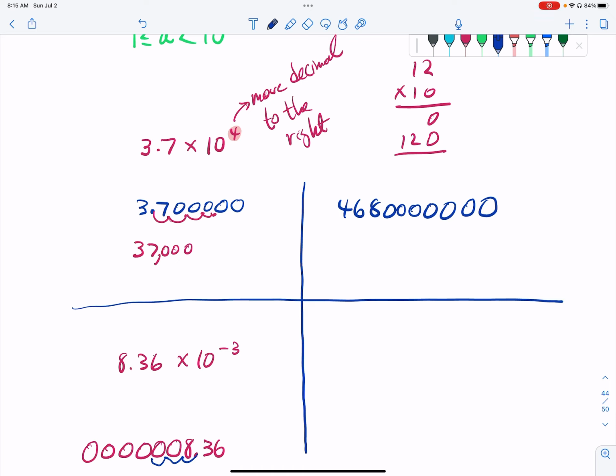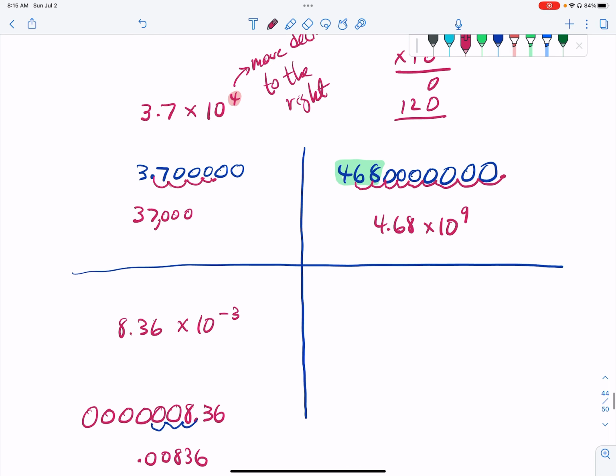Whenever I go to make this scientific notation, I'm just going to keep track of my zeros, and I just want to focus on the significant figures at the far left-hand side of my number, the 4, the 6, and the 8. And we're just going to move our decimal over to the left from this position and keep track of them. So 1, 2, 3, 4, 5, 6, 7, 8, 9. So this number becomes 4.68 times 10 to the 9th.